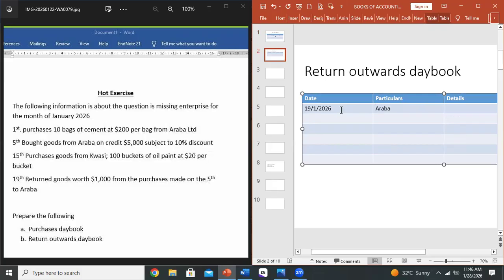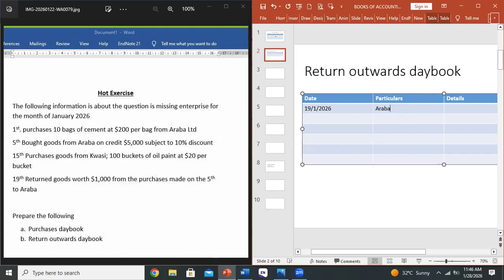But this is where I think some of you forgot to adjust the discount, because I hinted earlier that when you are looking at returns, always confirm from the previous transaction whether there was a discount or not. So we're told that the goods return was in connection with the 5th January transaction. On that 5th January transaction, there was a discount of 10%.